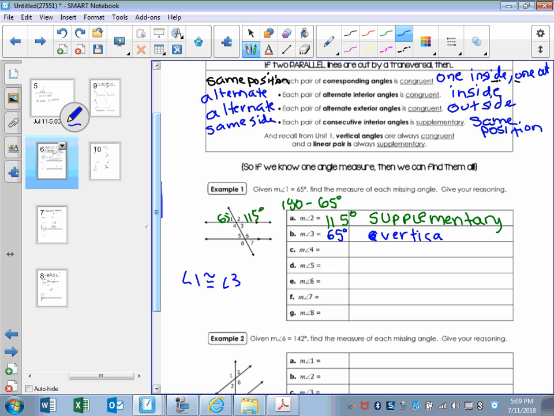Vertical angles are congruent. That means they equal each other. Now, angle 4 and angle 2 are congruent. Look at them, they're opposite each other. That means angle 4 is 115, because they're vertical angles.